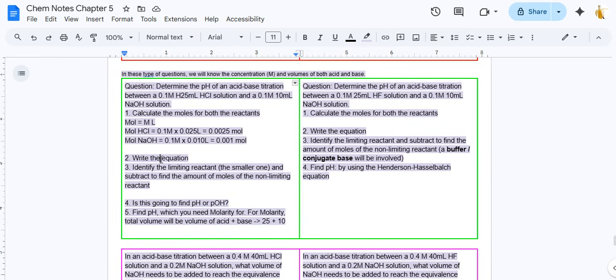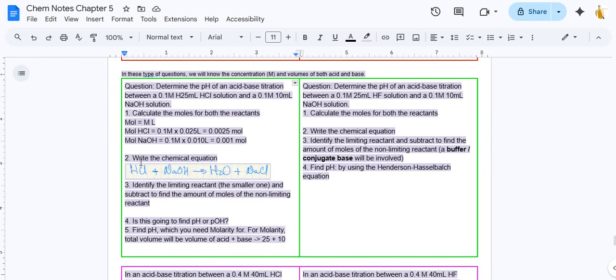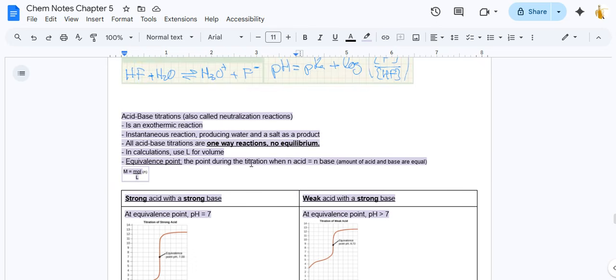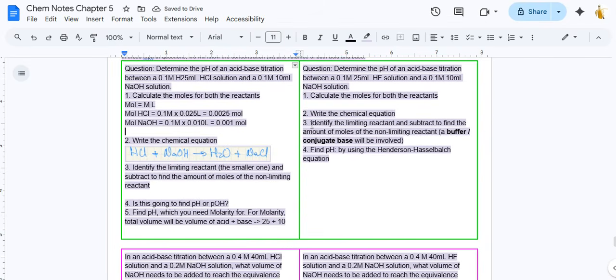Now we write the chemical equation, which is that we have HCl and NaOH, and remember, this is a neutralization reaction, so it forms water and a salt.